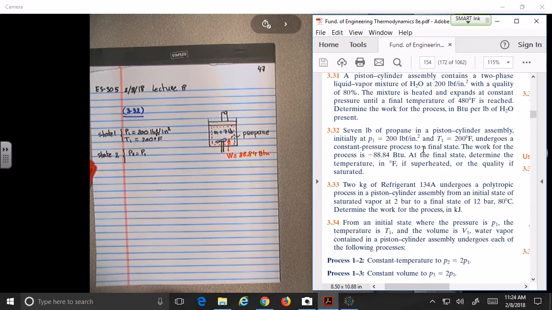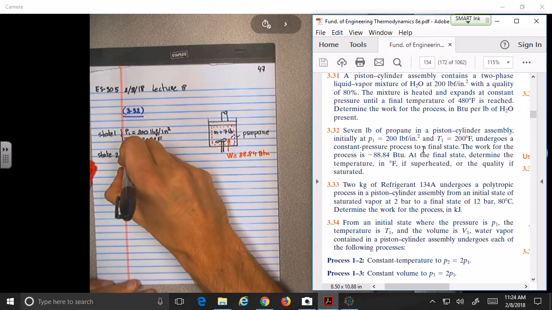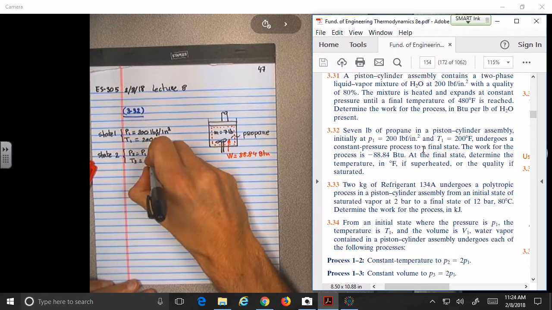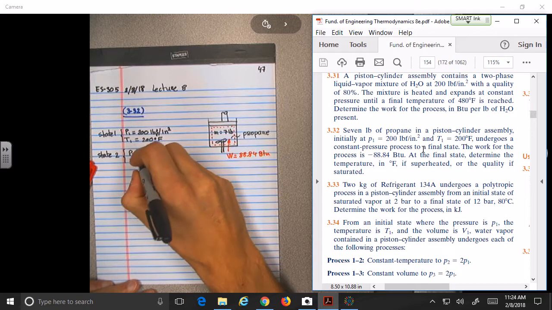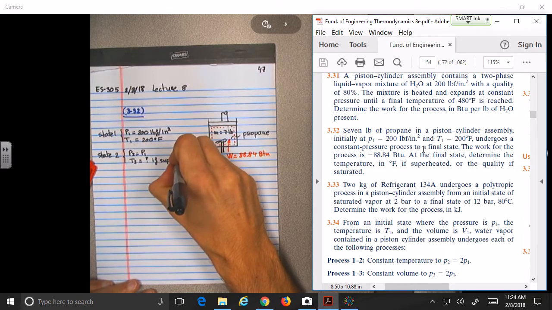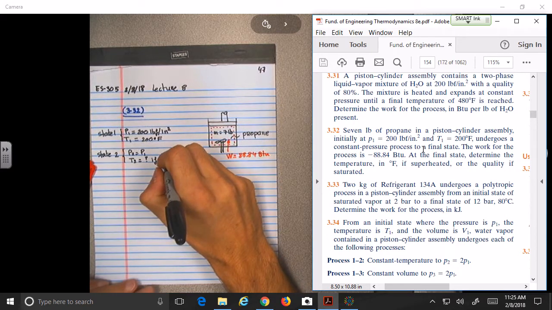BTU. Okay? So let's see, at the final state, at 2, determine the temperature in Fahrenheit if the process is superheated, or the quality if saturated.